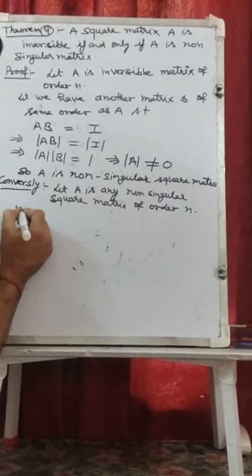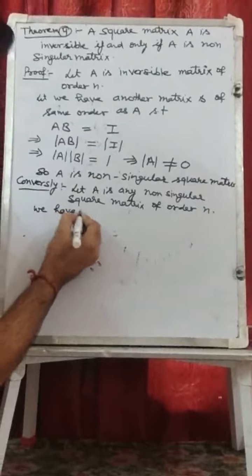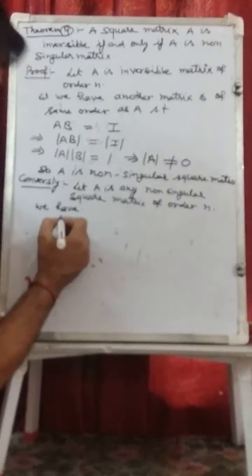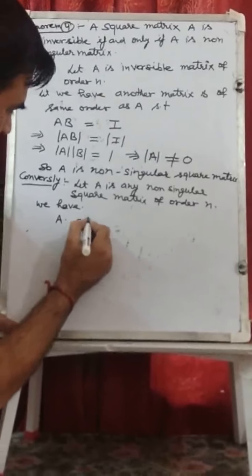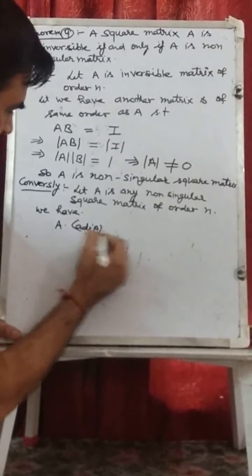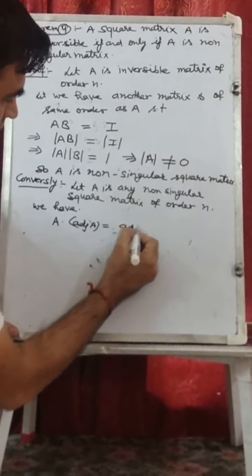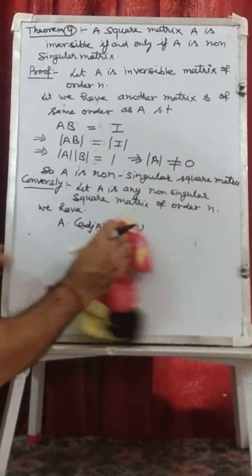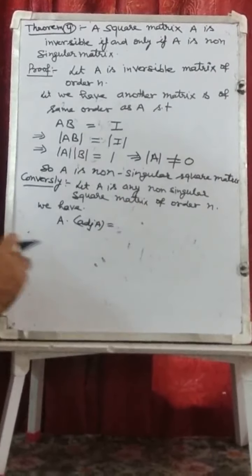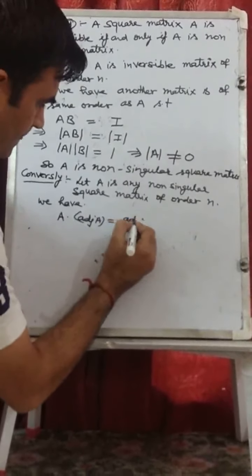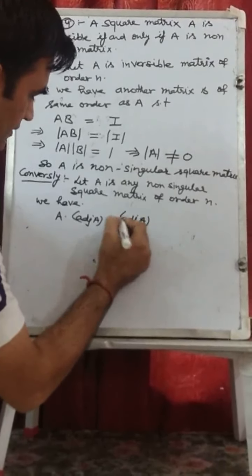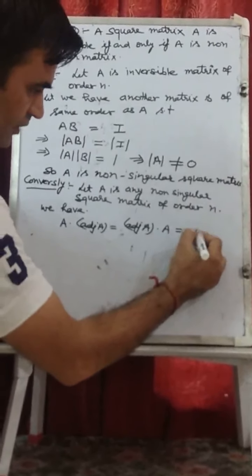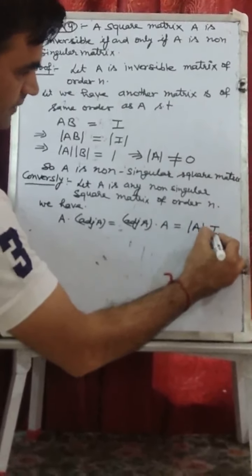We have, with the help of the result we have just seen, A into adjoint of A is equal to adjoint of A into A is equal to determinant of A into I.